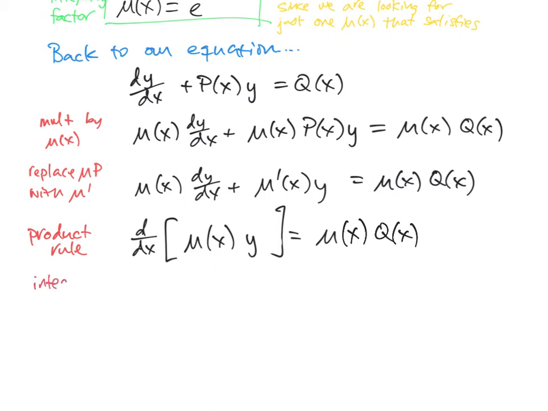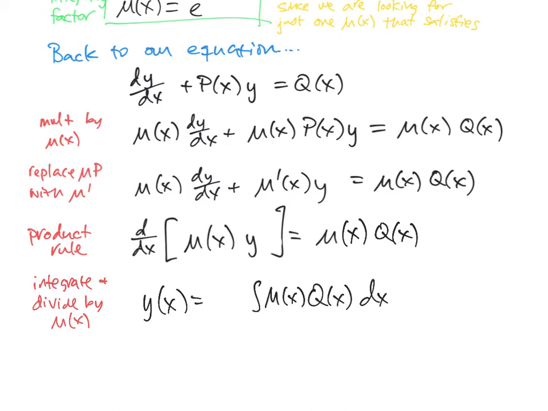So we integrate and divide by mu, and we end up with a solution, which is y of x equals, so first we integrate the right-hand side, so we get the integral of mu of x q of x dx plus a constant, and then that whole quantity is divided by mu of x.